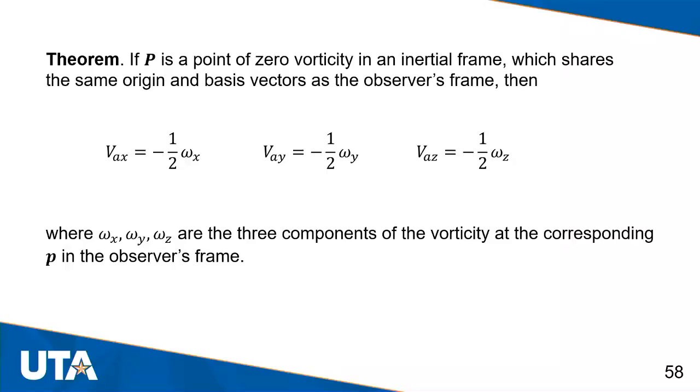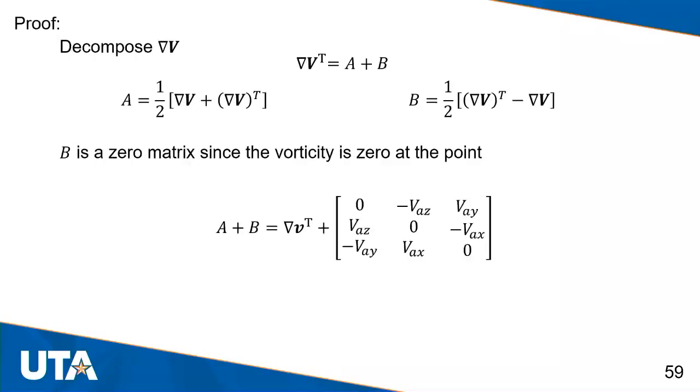So let me first prove this theorem. We can decompose the velocity gradient into a symmetric part A and an anti-symmetric part B, and B is a zero matrix because we gave the condition of zero vorticity, right?